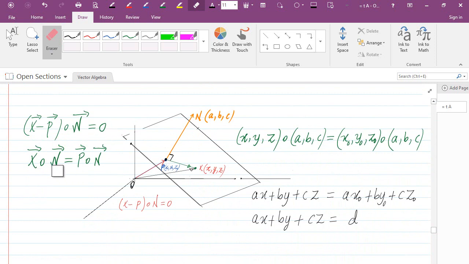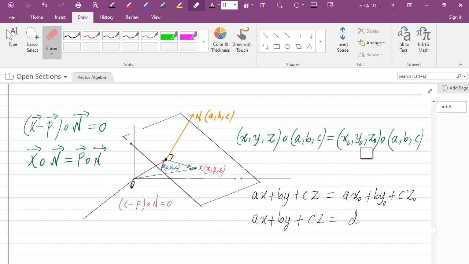If we multiply out, we get x dot n minus p dot n, and then p dot n can be moved to the right hand side. So we get x dot n is equal to p dot n. Now what is x dot n? These are the components of x, y, z, and n is a, b, c. So if I take the dot product, I get ax plus by plus cz.